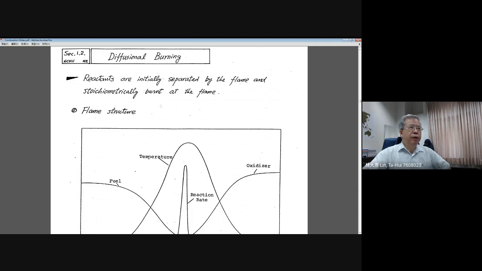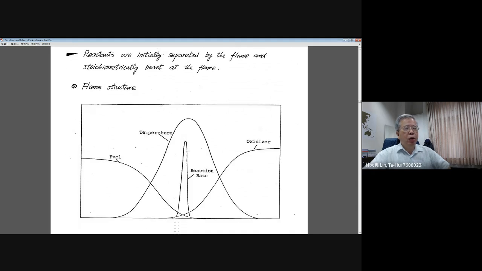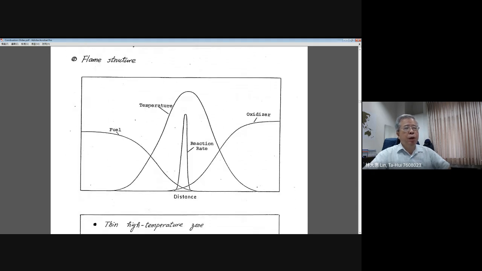But for a diffusion flame, both fuel and oxygen should be completely consumed at the flame position of the diffusion flame. Basically, ideally with an infinite chemical reaction rate, the reaction should complete just at the position of the diffusion flame. But in reality, with a finite chemical reaction rate, you may have some leaking of the fuel to the oxidizer side and the oxygen leaking to the fuel side.